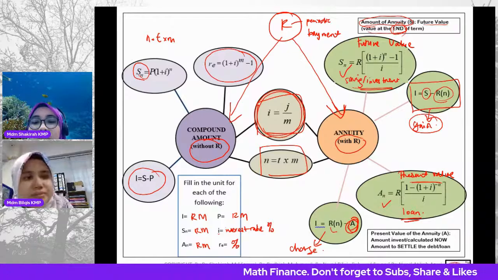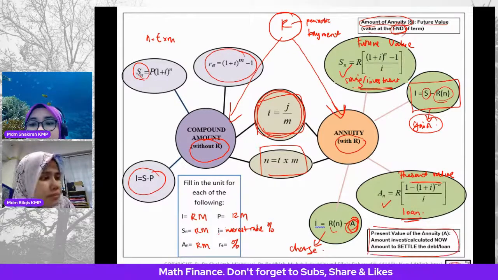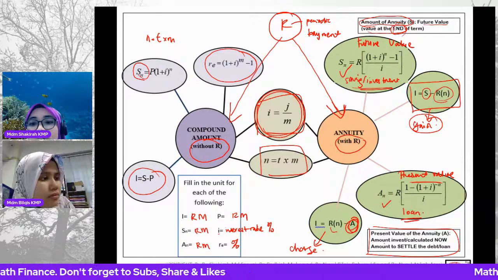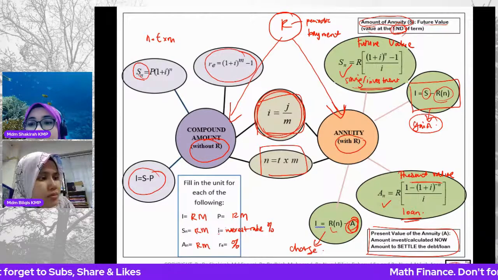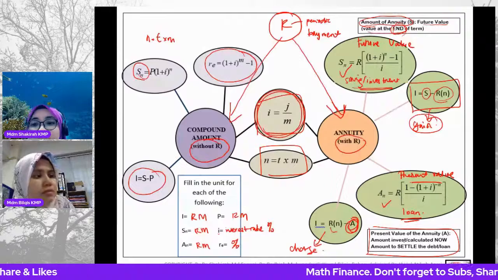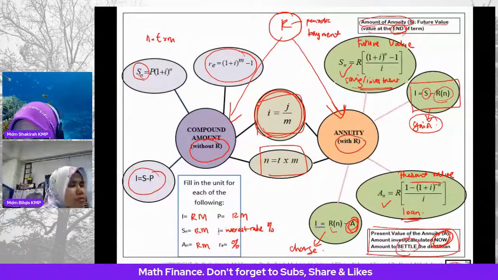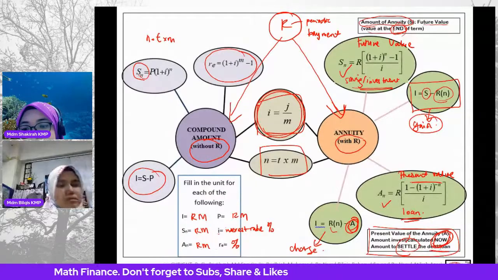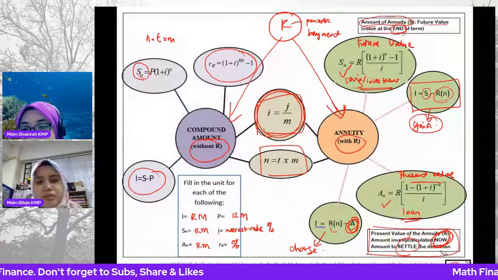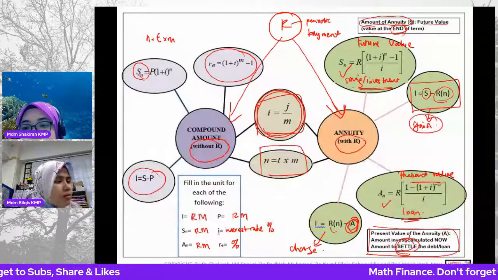Okay, how about present value? For present value, the hint or the clue will be amount invested or calculated now. The word now. Amount needed to settle the debt.